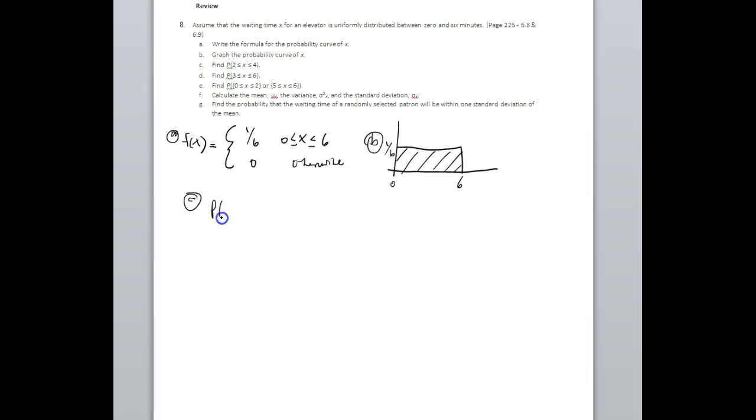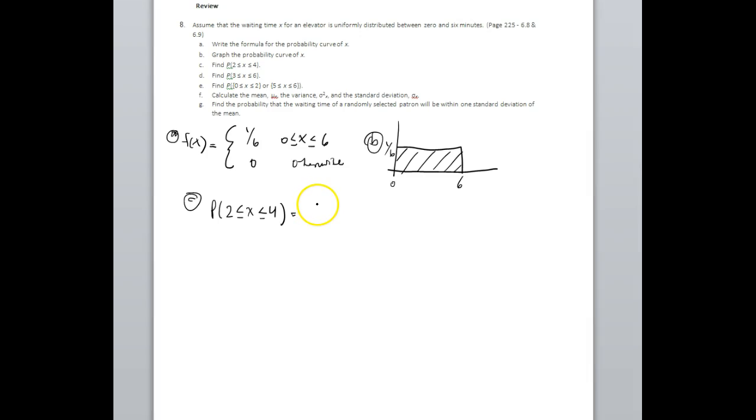C. What is the probability of x between 2 and 4? We just go back to the formula that's given to us for this distribution, and that's that the probability of x between a and b, so a is less than x is less than b, is equal to b minus a over d minus c.